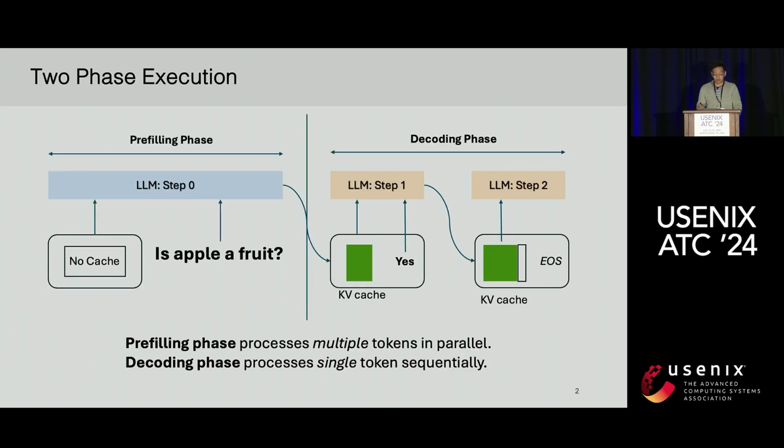And the inference can be logically classified into two phases. The first phase is the prefilling phase. The prefilling phase processes multiple tokens in parallel to produce the K cache for multiple tokens. And the decoding phase processes a single token sequentially. It means it auto-regressively generates output token by token.